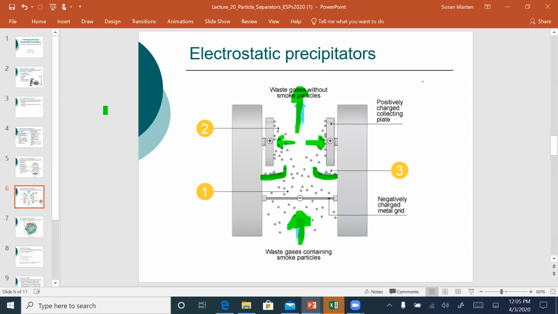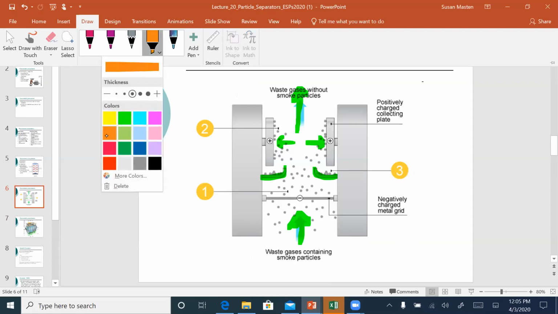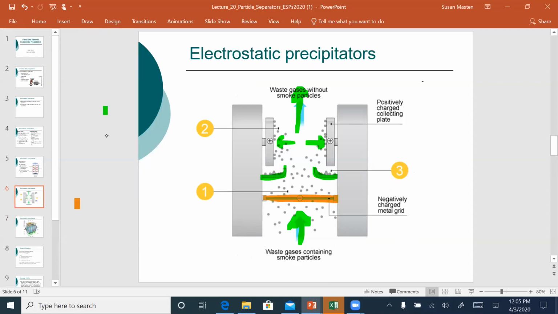Okay, so this here is your negatively charged electrode. As the particles move through here, you're changing the surface charge. So the surface becomes negatively charged.